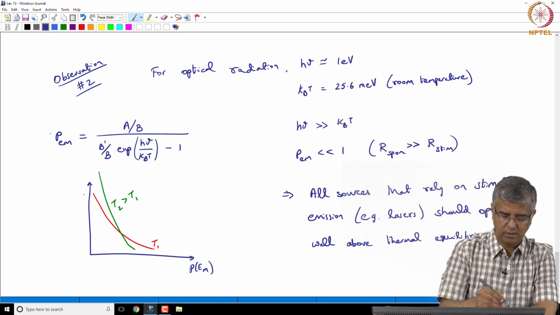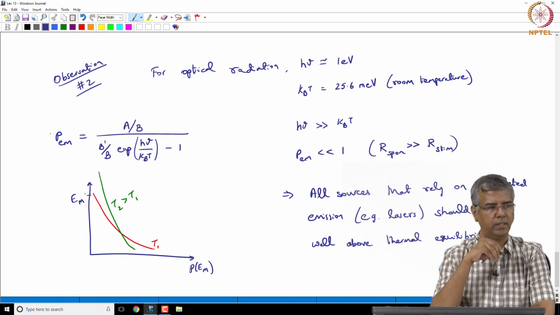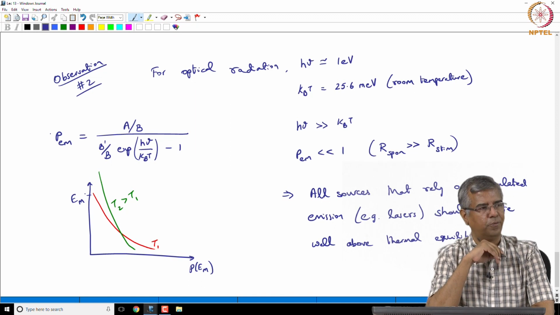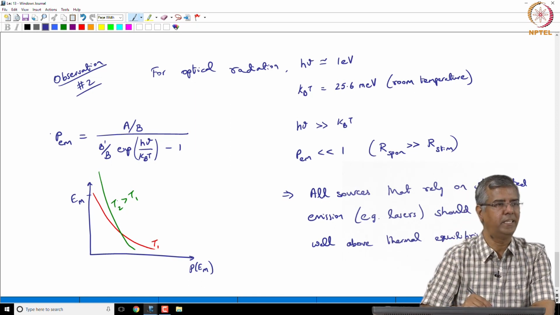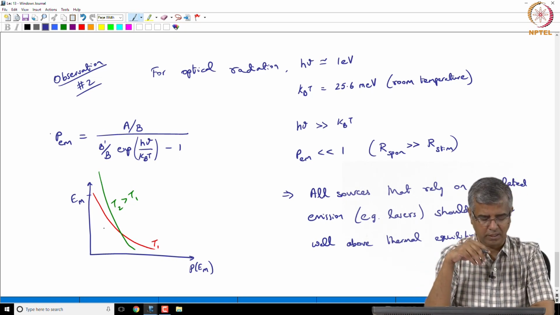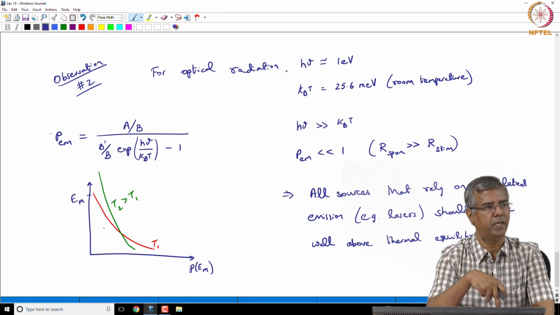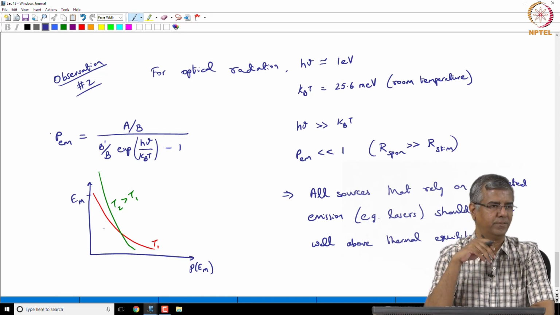Nevertheless, the probability of finding an atom at a higher energy level, even at T2 or even as you increase the temperature, is always lesser compared to finding something at a lower energy level.